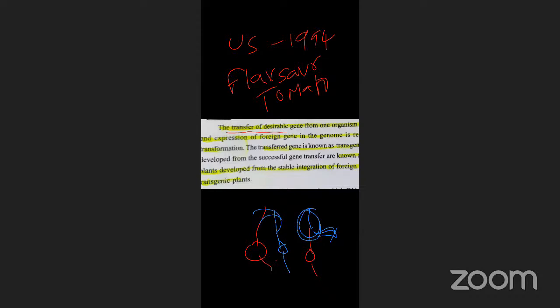The main essence of this technology is to transfer a specific gene from one organism to another desired or target organism, so that the desired product can be produced. Recombinant DNA technology was introduced in 1970.